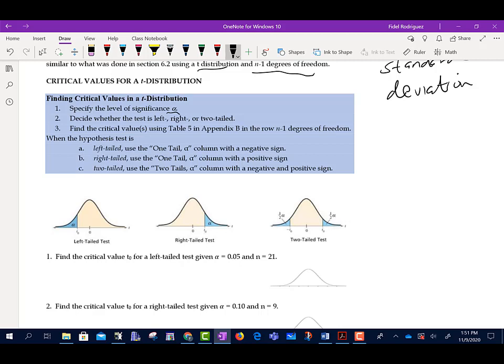And then we're going to find the critical values using table 5, in Appendix B, in the row of n-1 degrees of freedom. When a hypothesis test is left-tail, use the one-tail alpha column with a negative sign. If it's right-tailed, use the one-tail alpha column with a positive sign.